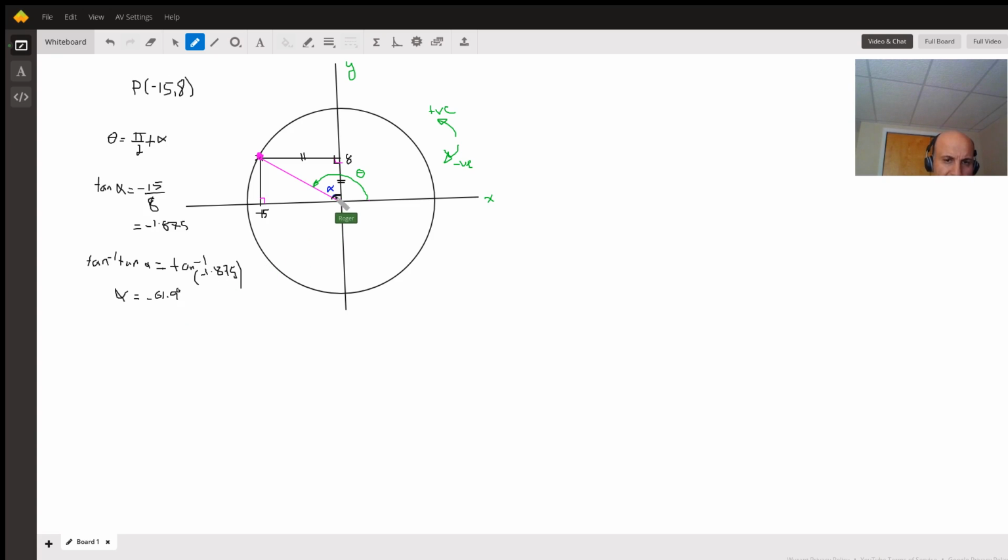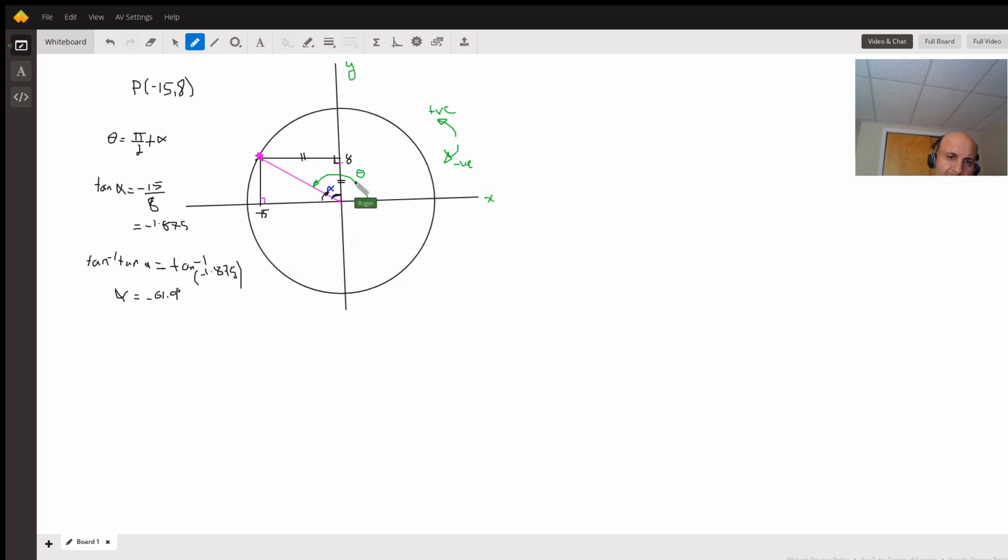Well, it's minus because this angle alpha is found by moving clockwise. Okay? So, by moving clockwise, this angle alpha is going to be minus 61.9.